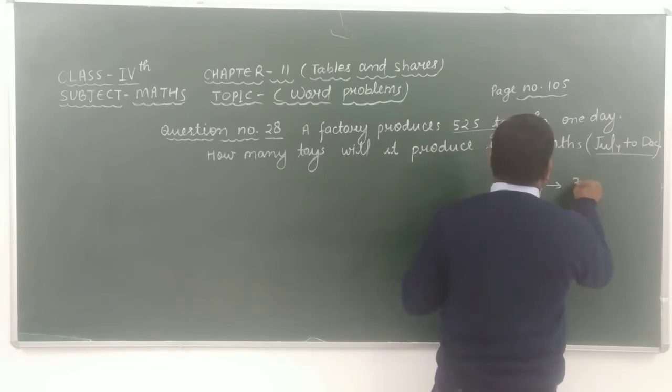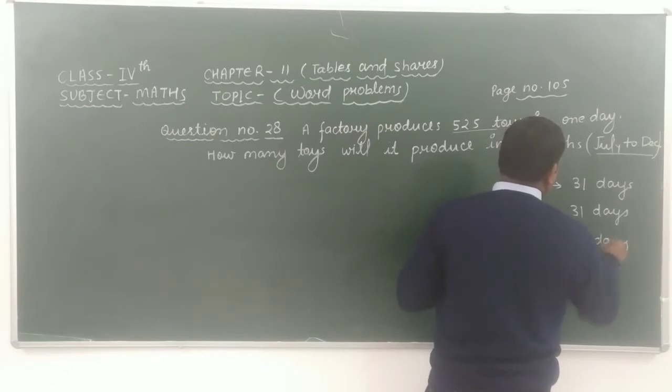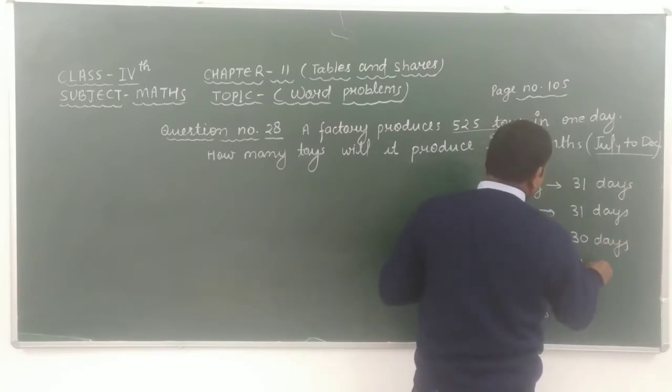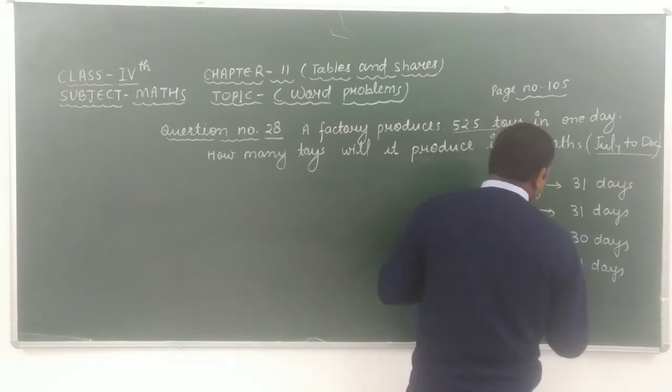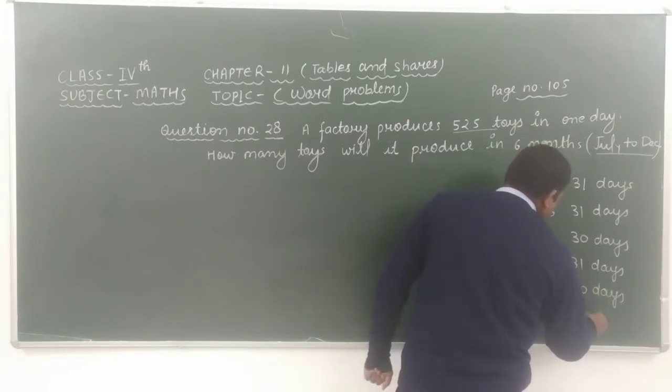We know that July has 31 days, August has 31 days, September has 30 days, October has 31 days, November has 30 days and December has 31 days.